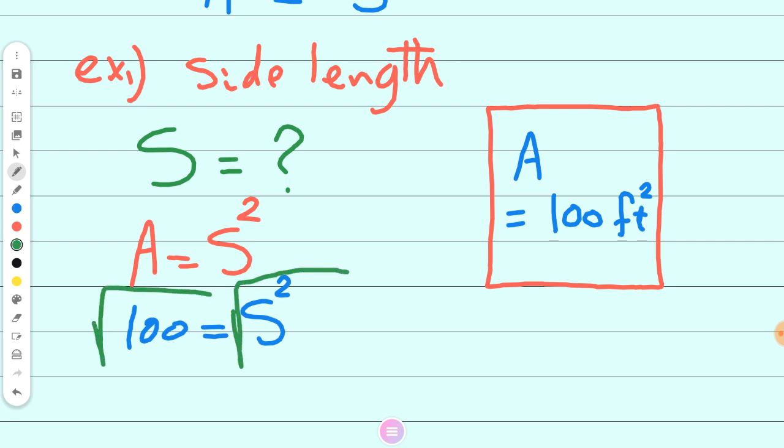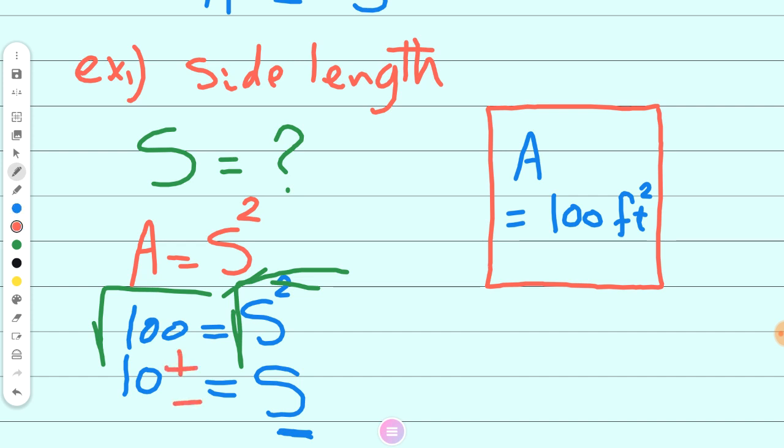The square root of S to the power 2 equals S, and the square root of 100 is 10. Actually, it's positive or negative 10.